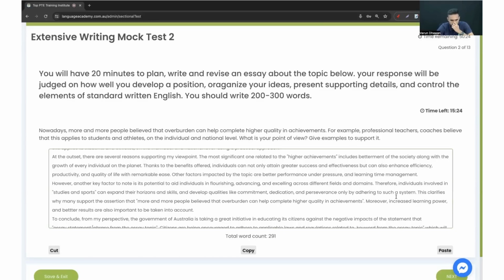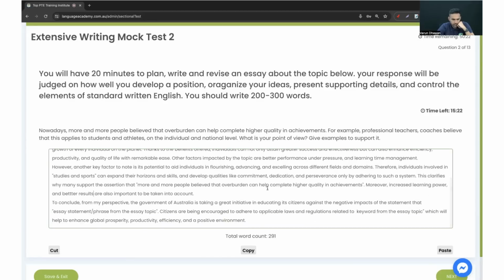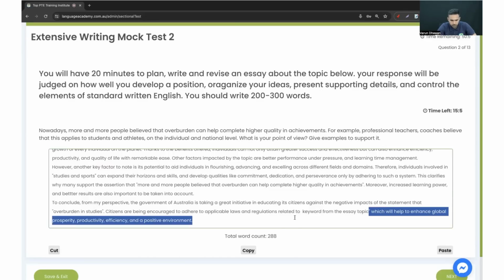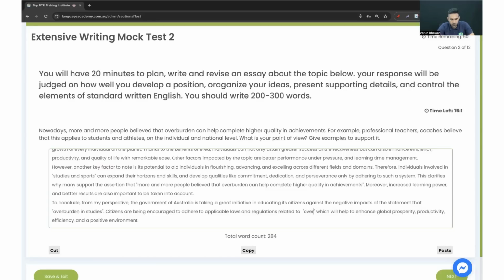That yes, learning power will be increased and there will be better results, right? Negative impact of overburden in studies. Overburden in sports. That's it.